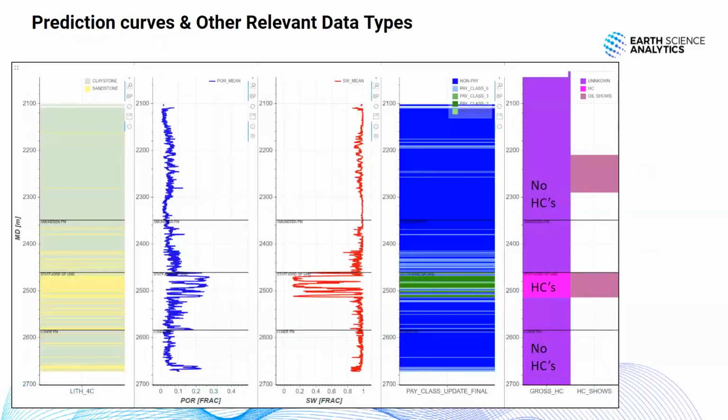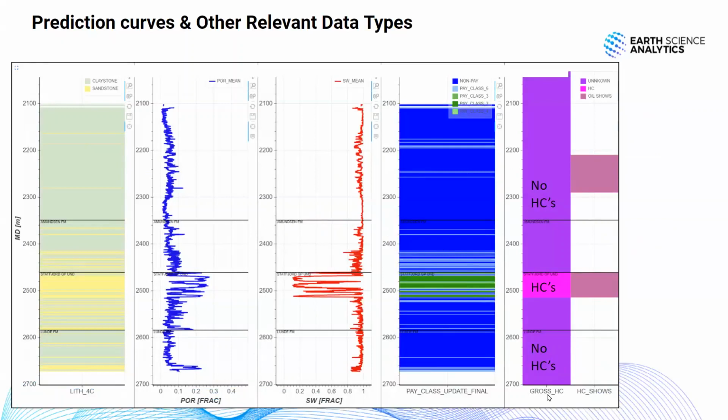So the data types that we're going to use to try and extract the information we want from those 5,400 wells. Of course, we can be using lithologies, formations. We'll be using the porosity curve and the water saturation curves to derive pay classes. Also, we have a database internally.